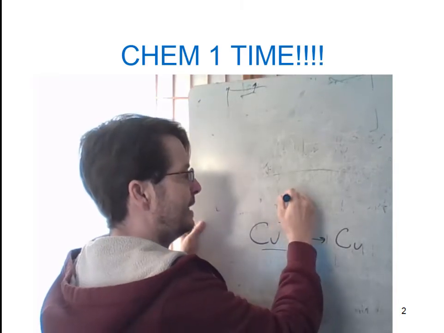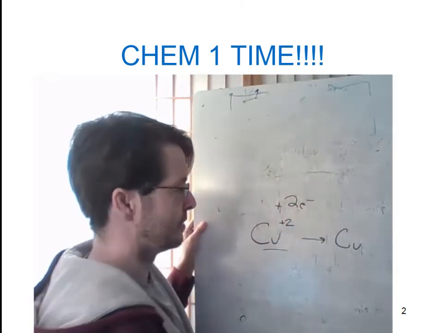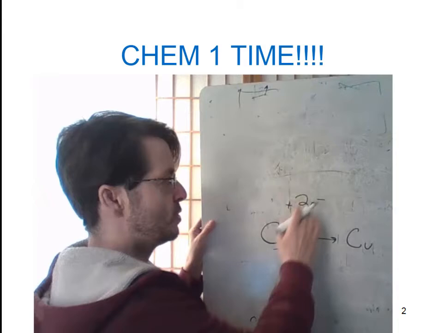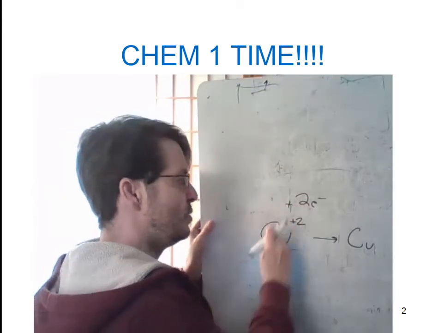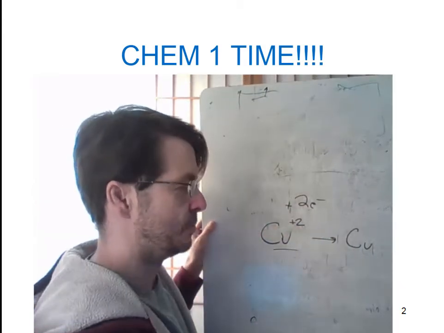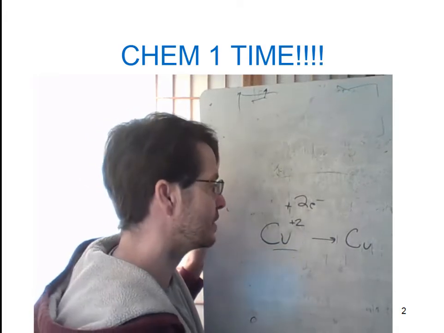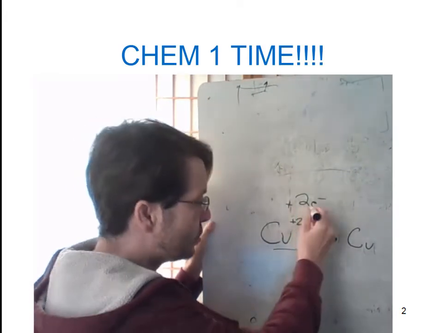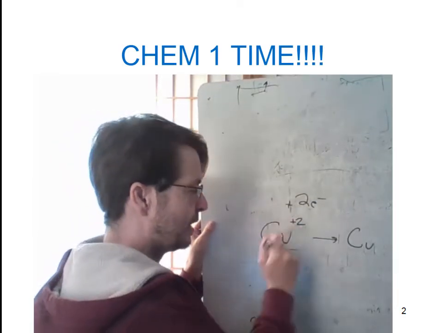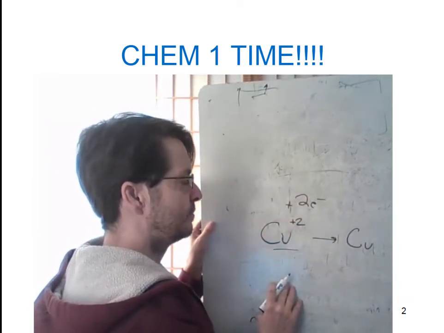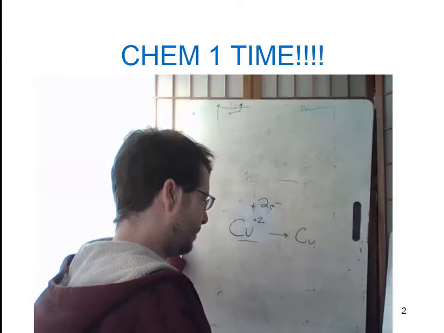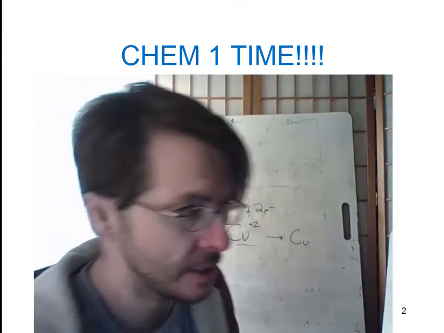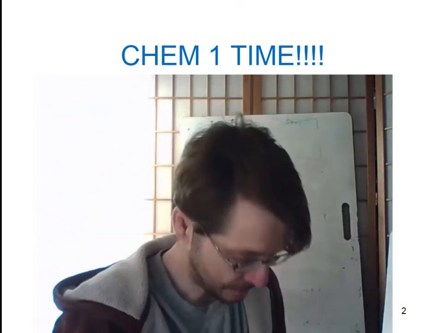And the way it's done that, it's gained 2 electrons. Those 2 electrons have neutralized the charge, so to speak, balanced out the charge. It actually isn't balanced, it isn't actually neutralized. Those 2 electrons are formally transferred to the copper. And so that represents a change in the number of electrons in the species.